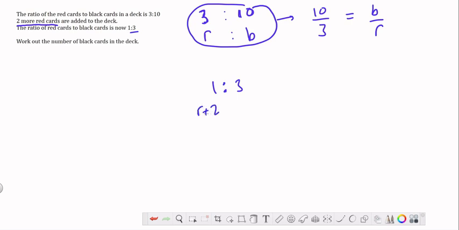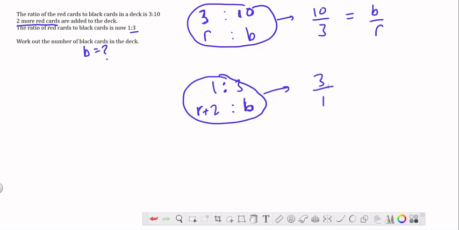So now I've got R plus 2 extra red cards, and the number of black cards doesn't change, it stays as B. But remember, ultimately, I'm trying to work out the value of B, the number of black cards. I'm going to do the same thing I did above: 3 divided by 1, which is 3, so I'll leave it as 3. And then do the same with the letters, B divided by R plus 2.